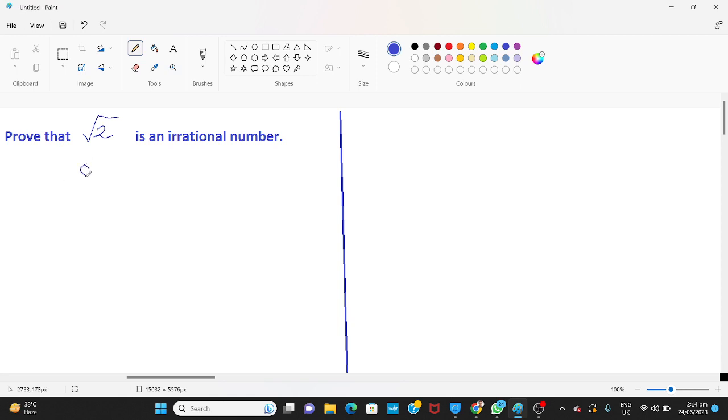We will suppose that root 2 is rational, which is the converse of our statement. And it is in lowest form.